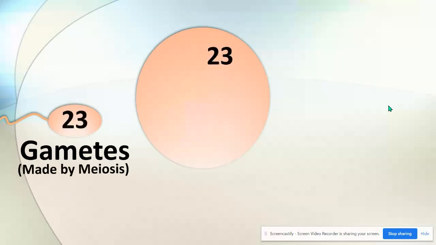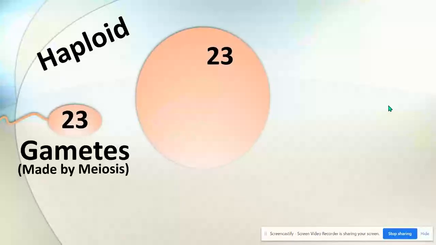Our gametes have 23 chromosomes each. Now let's see why. So when we talk about our sperm or our eggs, they are considered to be haploid cells. So every single cell in our body has 46 chromosomes except for the cells made by meiosis, which are our sperm and our egg, and they each have 23 chromosomes.